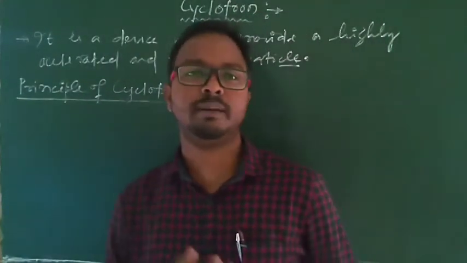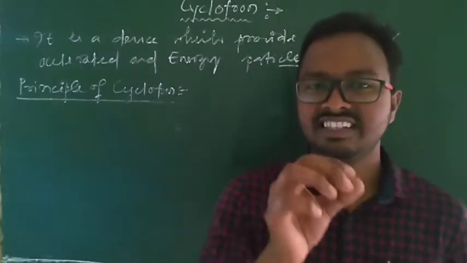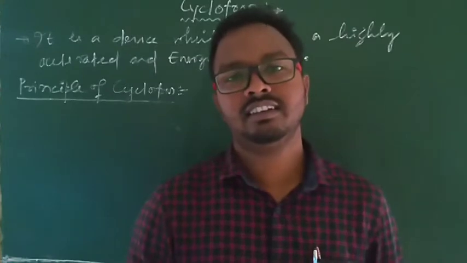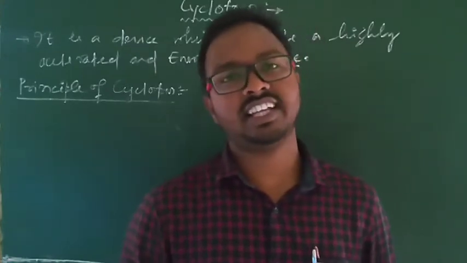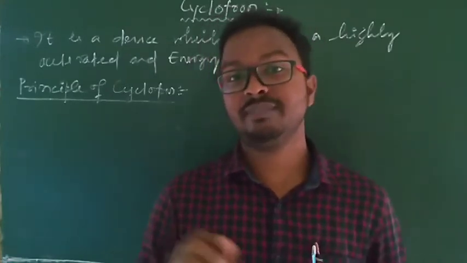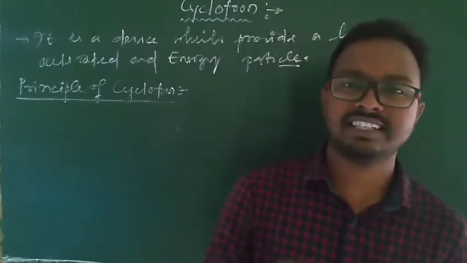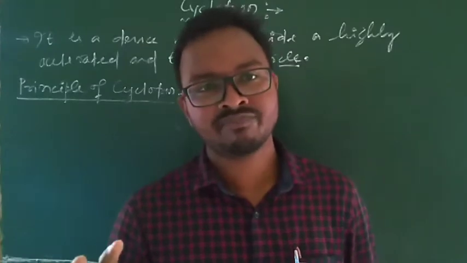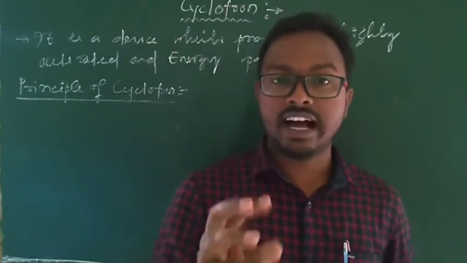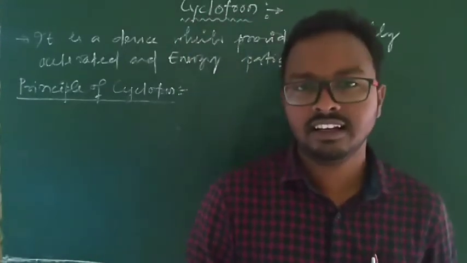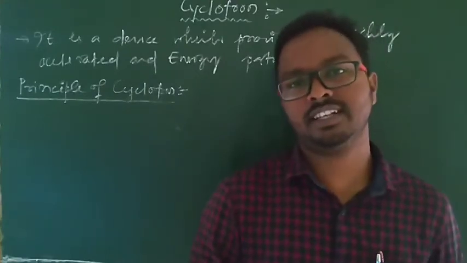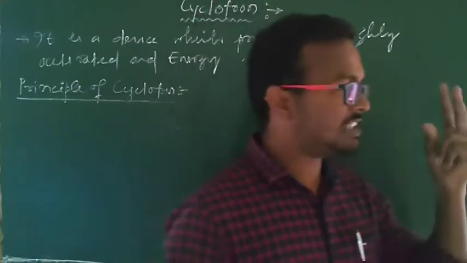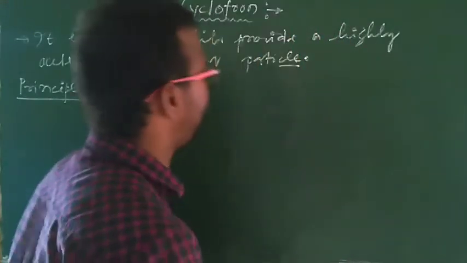Suppose we have a charged particle inside an electric field, then the electric field accelerates the charged particle, but it cannot change the direction of the charged particle. But in the case of a magnetic field, if we place a charged particle inside a uniform magnetic field, then the magnetic field acts with a force on that charged particle and changes its direction, but it cannot accelerate the charged particle. So these are the two major differences between electric field and magnetic field.